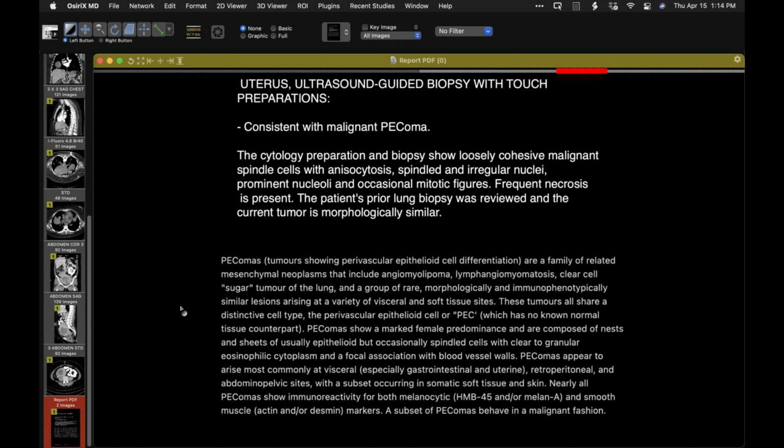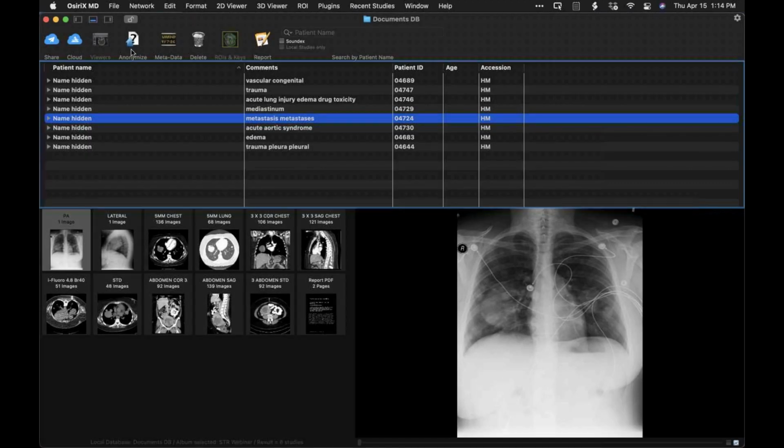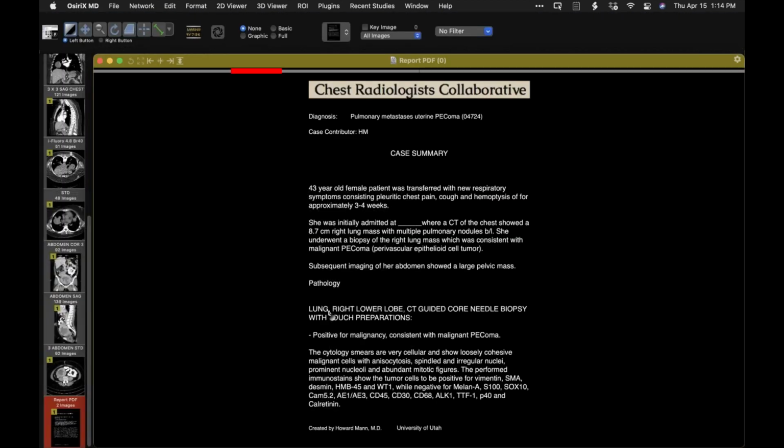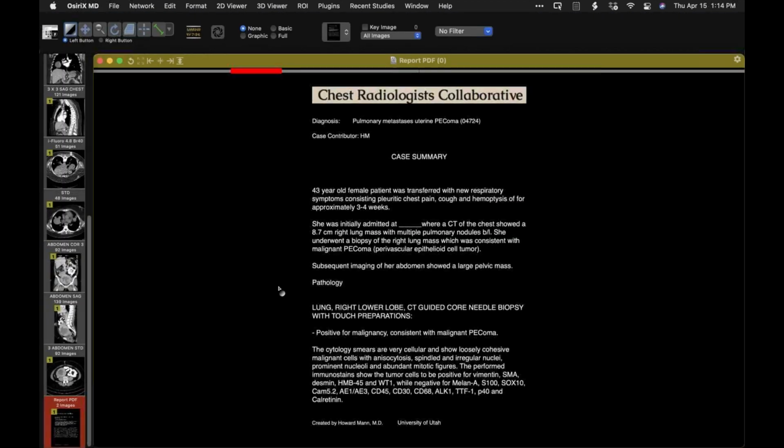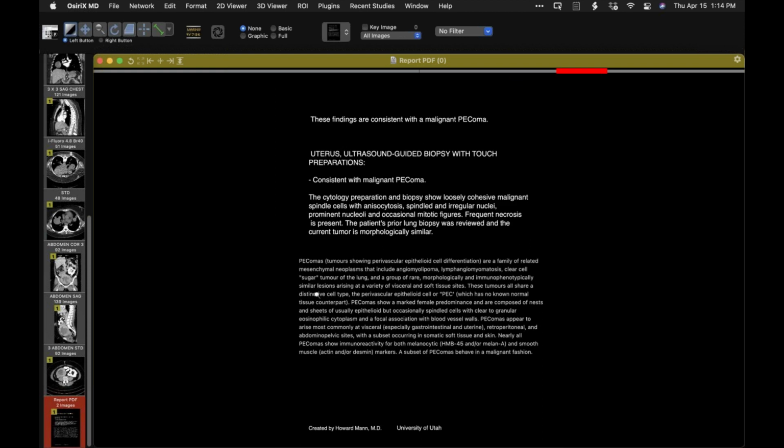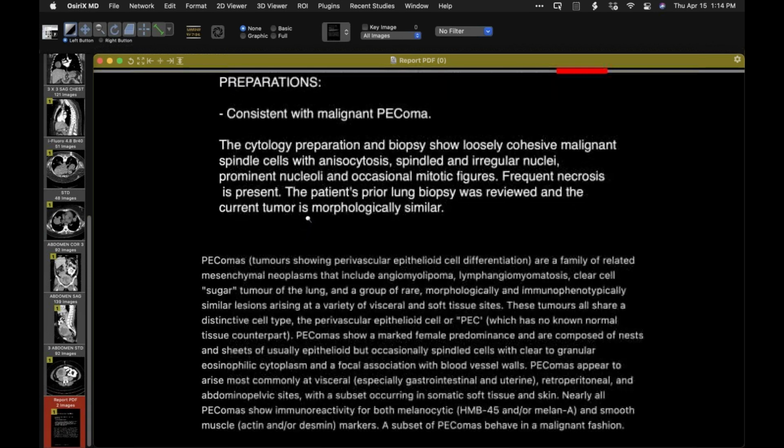With large nodules, particularly if they're not cavitated, we might think of the so-called benign metastasizing leiomyoma as an etiology. But this one, on biopsy of the lung and the uterus, is a PEComa. So here is the path, and it is a malignant PEComa, perivascular epithelioid cell tumor.